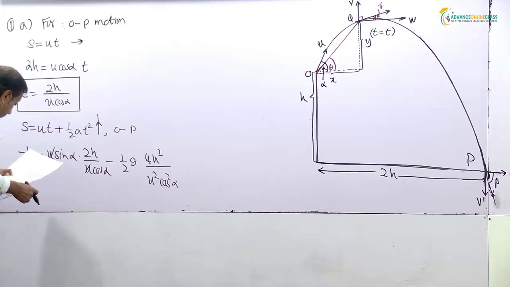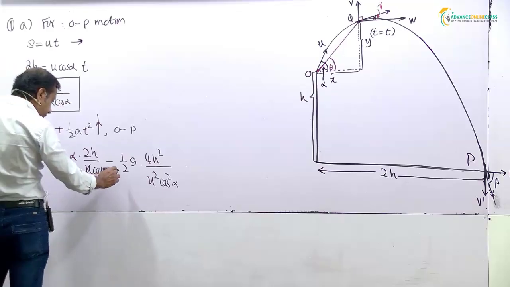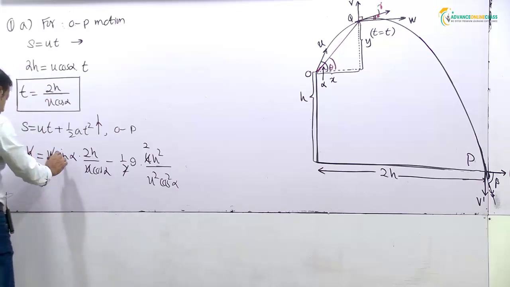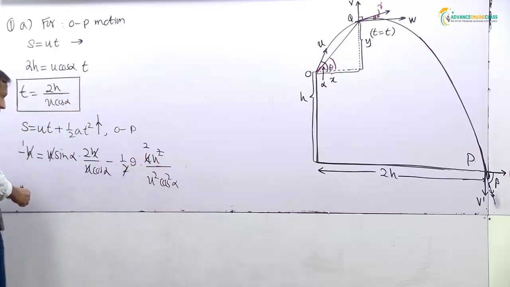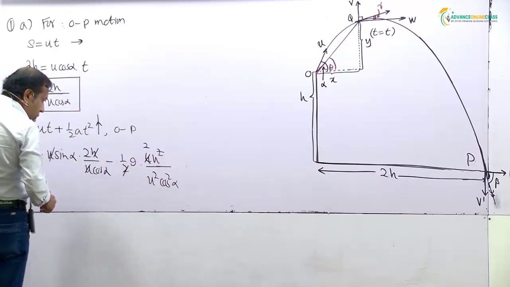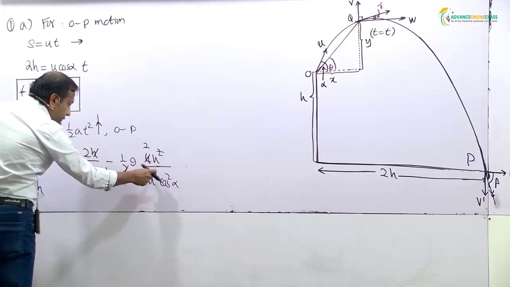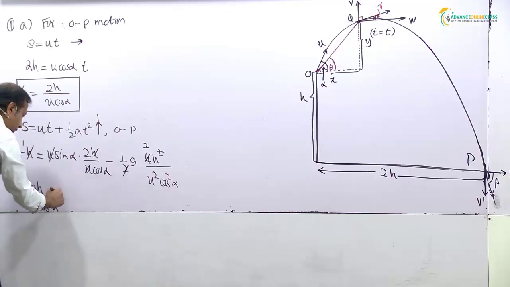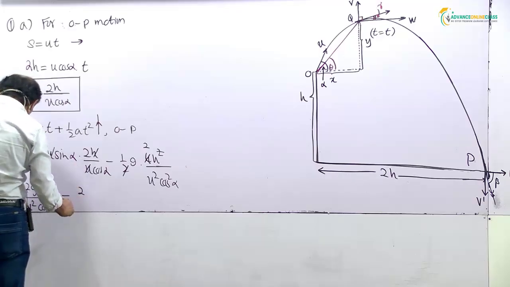Now by this you can subject u squared here. This 2 and this you can cancel down. 1h we can cancel down here. Bring this term to this side. Then we get 2gh upon u squared cos squared alpha. Take that to the side. Here 2 tan alpha.